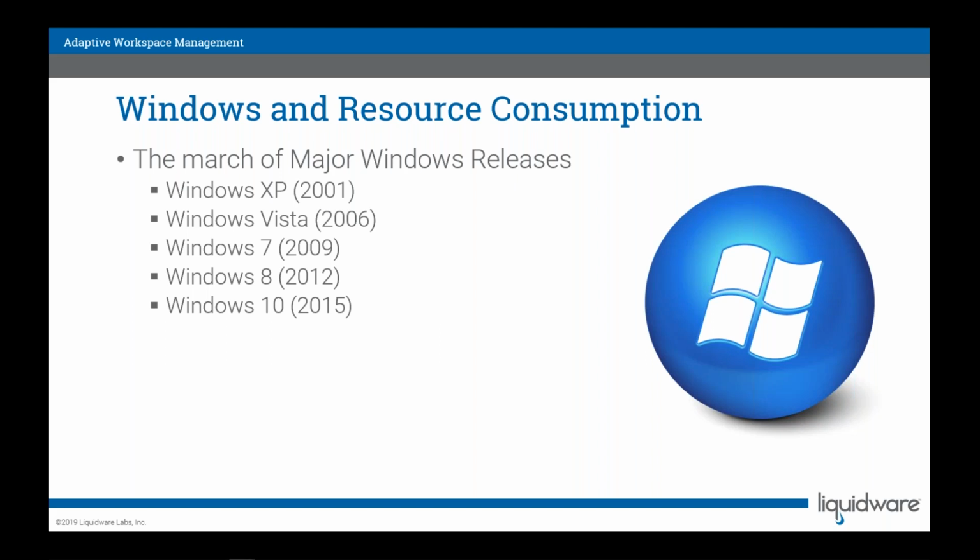Windows 7 to 8 was more compressed, and we saw just a handful of years. And then 8 to 10, even fewer still, right? The curve has gotten more asymptotic, if you will, as we've marched forward, and the pace of change within the Windows environment has happened faster.